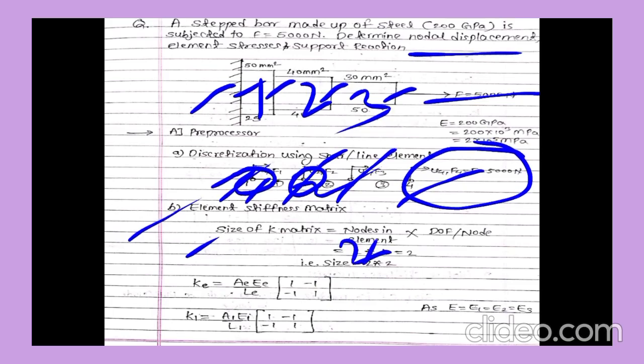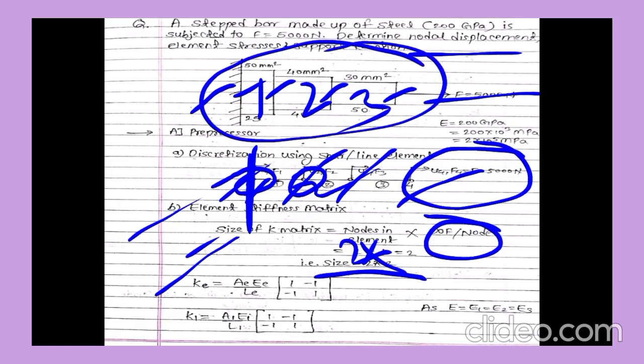Degree of freedom of a single node is 1, so the size will be 2 by 2. The number of element stiffness matrices depends on the number of elements present in the given problem. In present problem there are total 3 elements, so there will be total 3 element stiffness matrices.